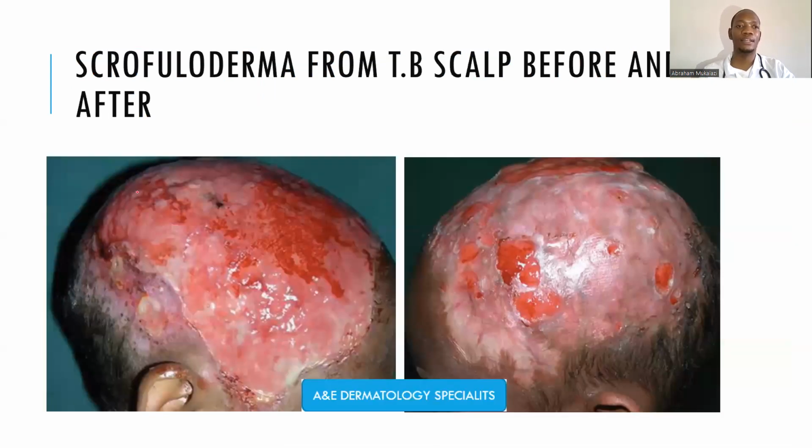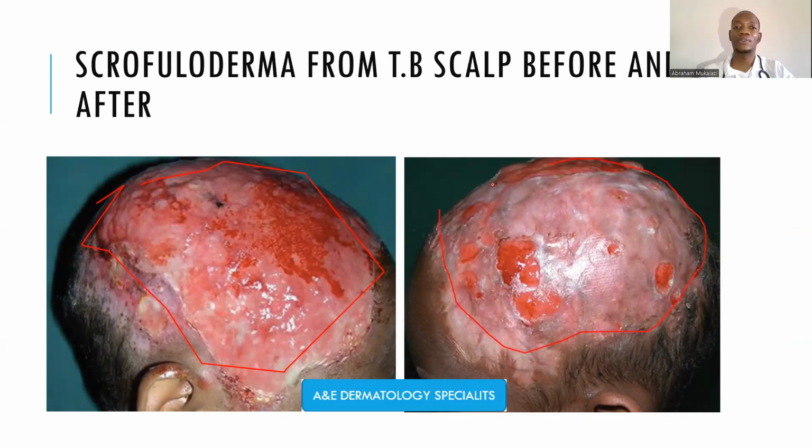Then, in this picture that you see here, this patient had TB of the scalp bone, the osteomyelitis of the scalp bone, secondary to TB. Then they got an overlying extension to the skin, giving us this ulcer here that you are seeing on the skin of this child. After giving anti-TB medicine, the ulcer was able to heal.